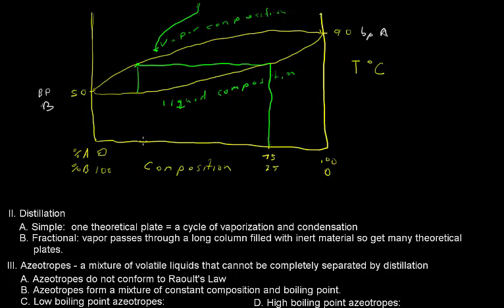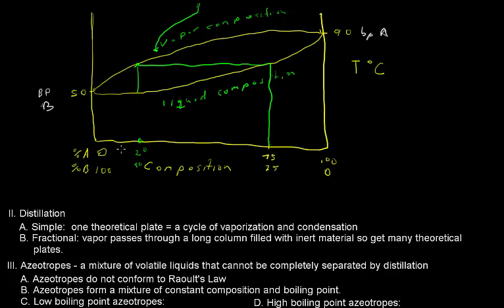What you've got is a mixture. This looks like it could be maybe 20% A right here. So this might be approximately 20% and 80%. So we've greatly enriched the resulting solution in component B, but it's not pure.